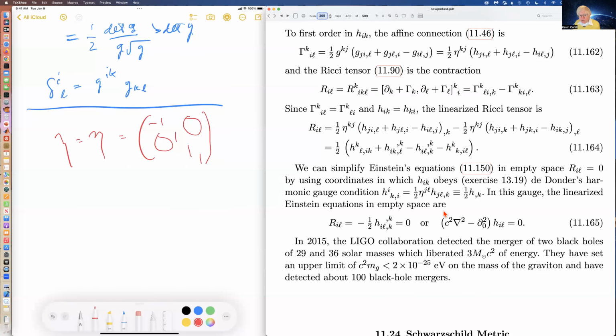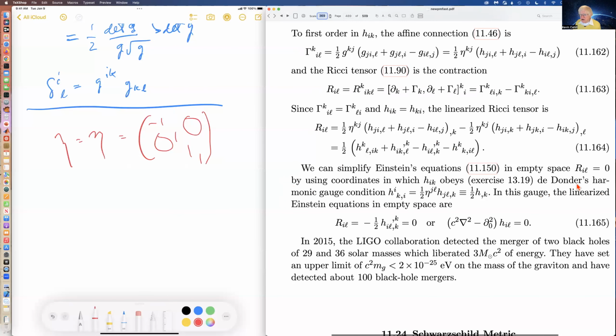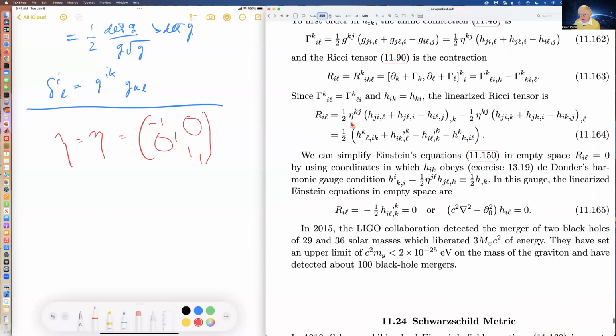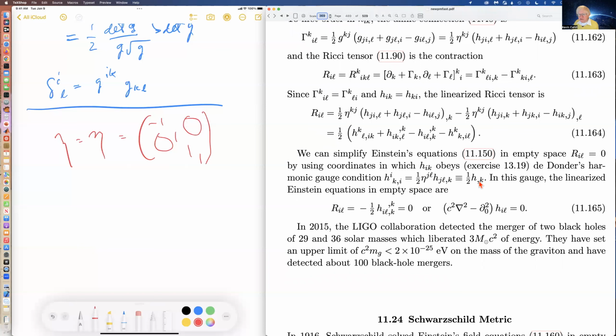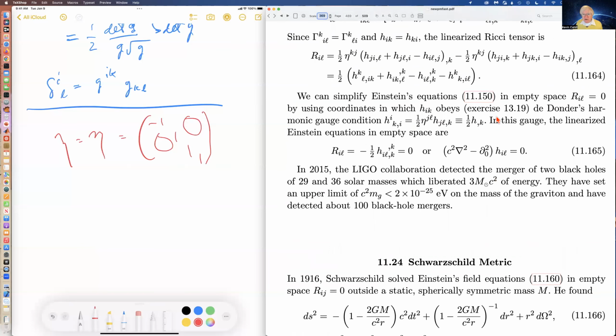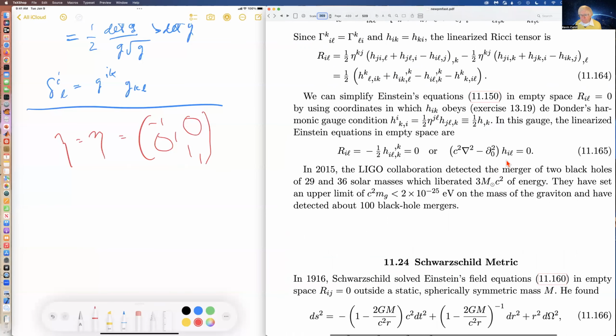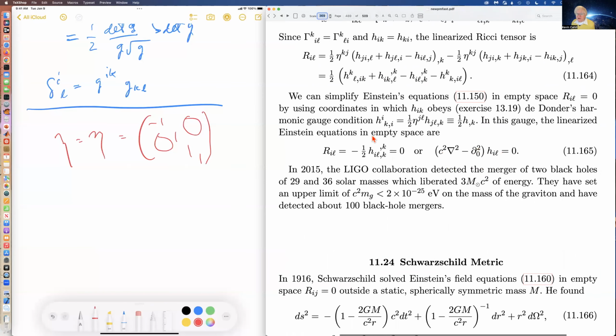And it turns out that one can choose coordinates, which are called de Donder's harmonic gauge, which is that a certain divergence of H is just equal to the derivative of a contracted form of H. Anyway, in this de Donder's gauge, this complicated expression just turns into basically a full Laplacian on the change in the metric vanishes. So this is the wave equation, and that describes gravitational waves.